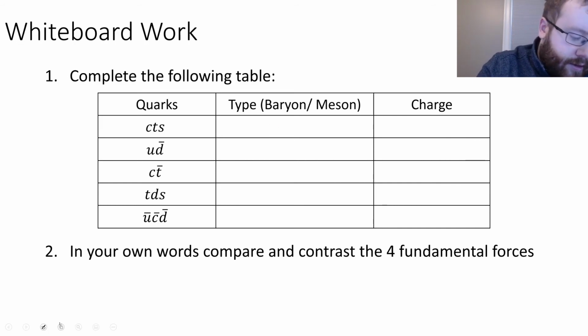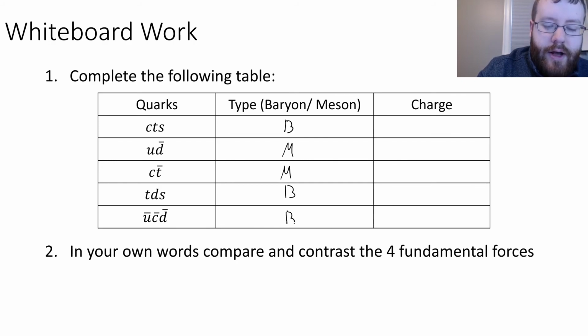So each of these are baryon, meson, baryon, and a baryon. Yes, this is an antibaryon, but it is still considered a baryon. Now, if we were to add up the charges, again, we would want to look at the reference table to find all of them. A charm and a top quark both have plus 2/3, while a strange has a minus 1/3.